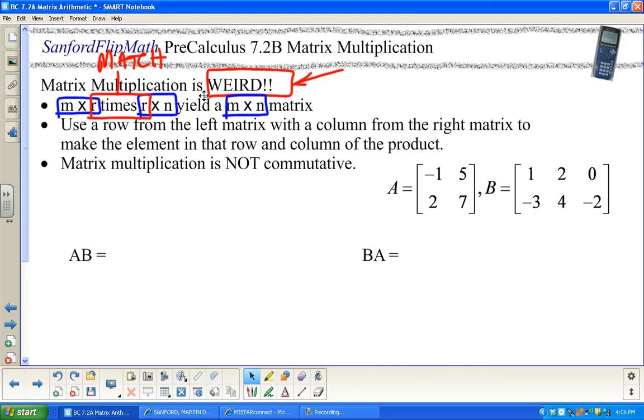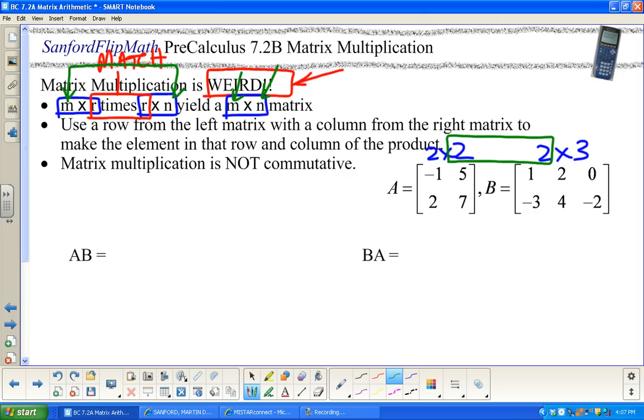And then the other thing is whatever those outside numbers are, that is what the answer will be, what that product is. So just for instance, if we were going to do A times B, like we're looking at over here on the right hand side, this is a 2 by 2 times a 2 by 3, and so notice the inside numbers match.